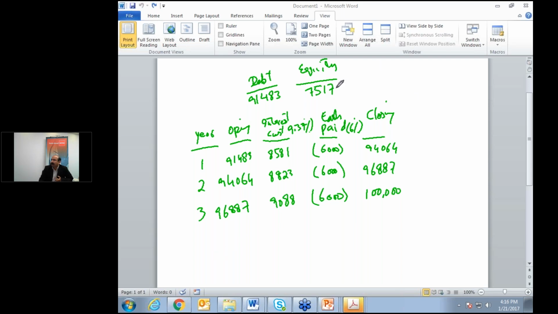Here you have already credited the other component of equity with 7517, and it stays there till the end of the third year. Now at the end of the third year, your debt element has 100,000.